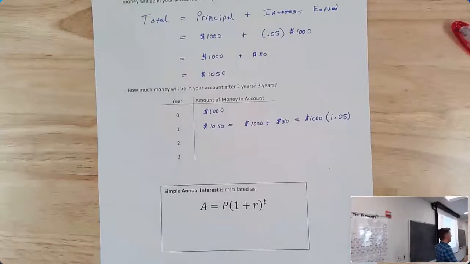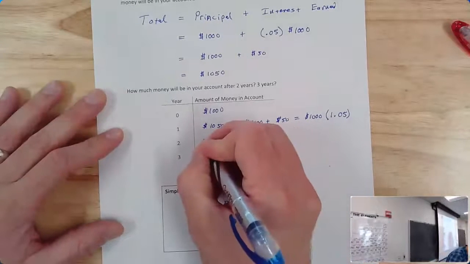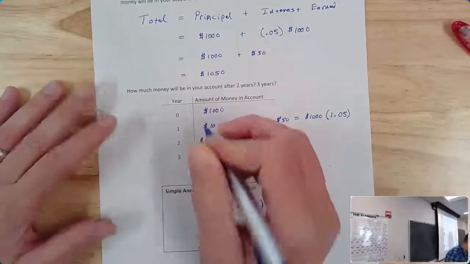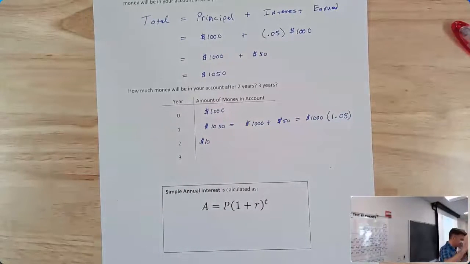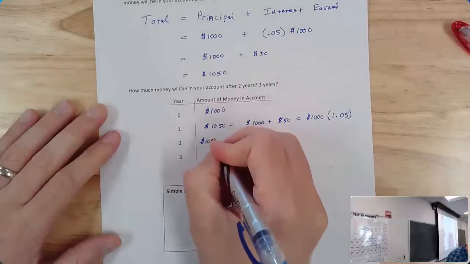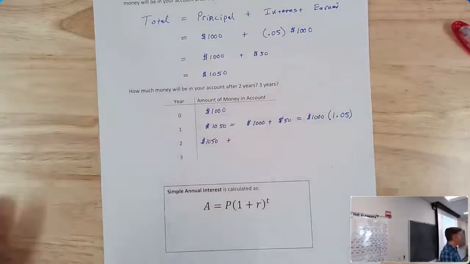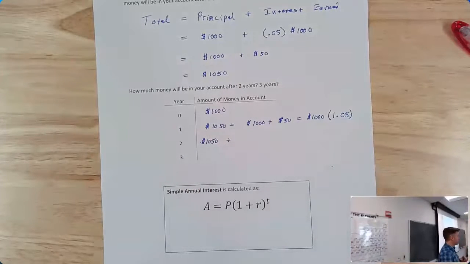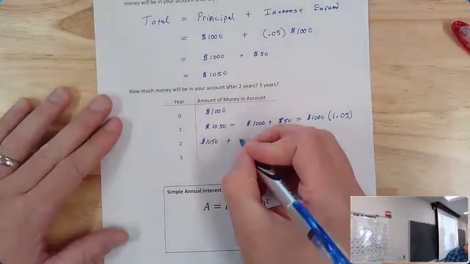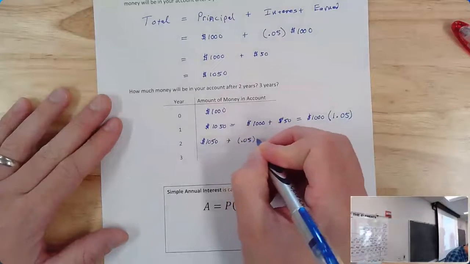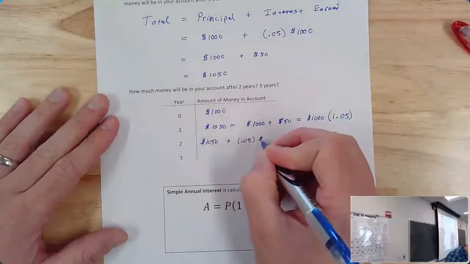We're going to leave that $50 in the bank, and then we're going to ask, after another year of earning 5% interest on that new total amount of $1,050, how much are we going to have after that? Well, let's see. We're going to take our $1,050 that we are quote unquote starting with, and we're going to add on 5% of that amount. That's going to be 0.05 times $1,050.